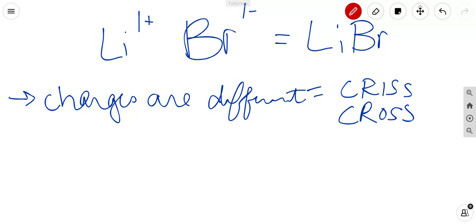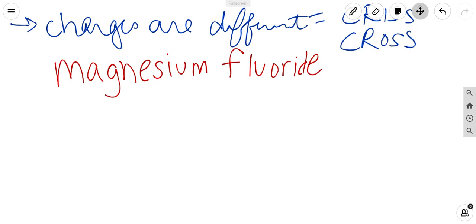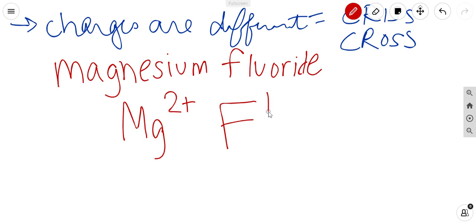So if I had magnesium fluoride, magnesium is in group 2, so it has 2. And fluoride is in group 17, so it needs 1. The shortcut is called crisscross.